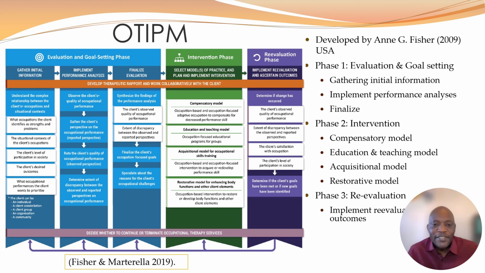Okay, and then stage 3 is the re-evaluation stage. In our context, we are saying this is the evaluation stage. This is because of the differences in terminology between occupational therapy texts that are originating from the US and occupational therapy texts that originate from the other parts of the world. So these are the main phases of the OTIPM, and we will go into detail with each of these stages and each of these steps.